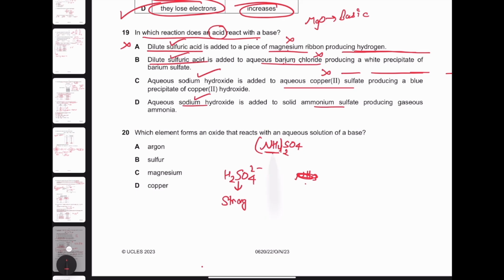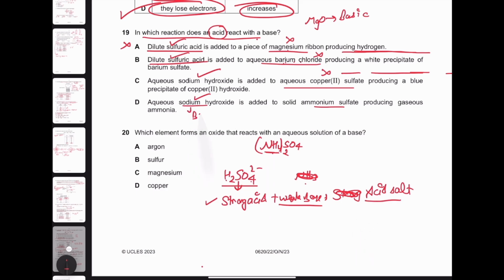So when you mix a strong acid with a weak base, what do you get? You get an acidic salt. When you mix a strong acid, which is sulfuric acid, with a weak base, that is ammonium hydroxide, you get an acidic salt.